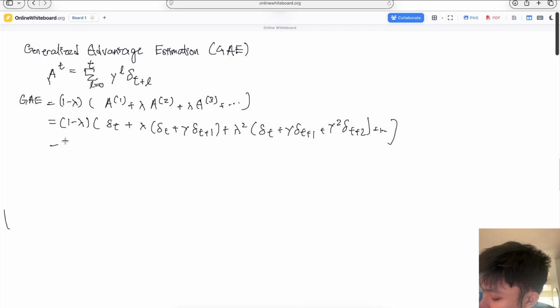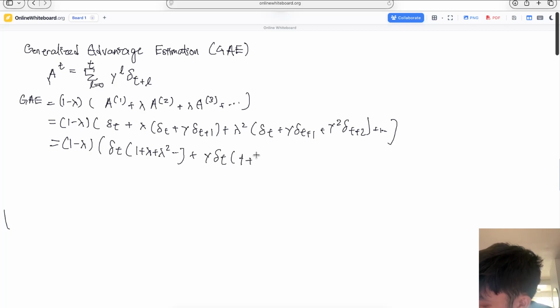And what we see is that we can simplify this to 1 minus lambda times the temporal difference at t times (1 plus lambda plus lambda squared and so on), plus gamma times the temporal difference at t+1 times (lambda plus lambda squared plus lambda cubed and so on), plus gamma squared times the temporal difference at t+2 times (lambda squared plus lambda cubed and so on).